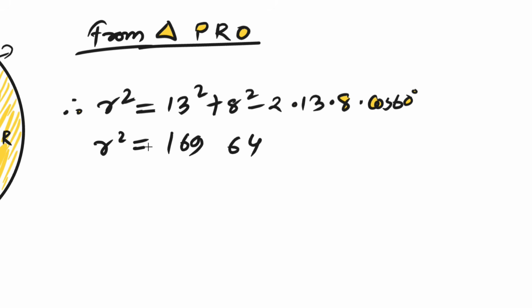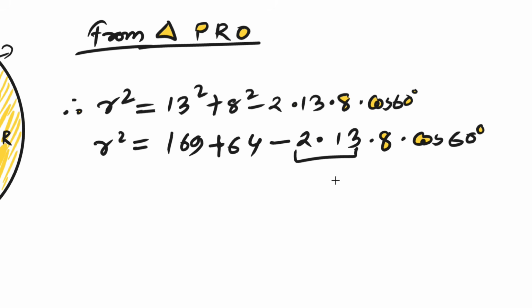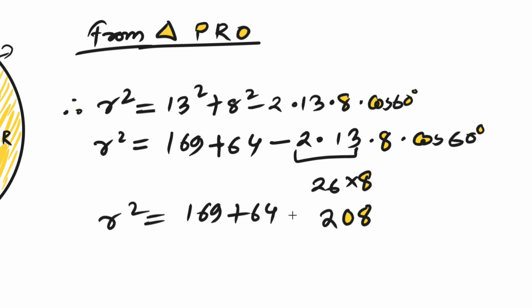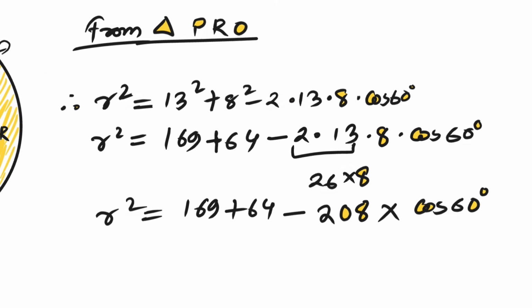So r squared equals 169 plus 64 minus 2 multiplied by 13 multiplied by 8 multiplied by cosine 60 degrees. Now, 2 multiplied by 13 gives 26, and 26 multiplied by 8 gives 208. Therefore, r squared equals 169 plus 64 minus 208 multiplied by cosine 60 degrees.